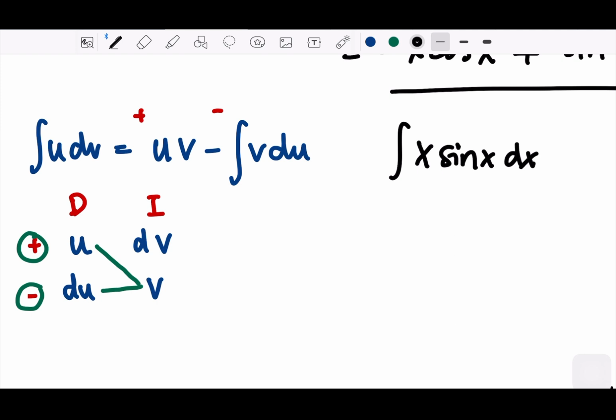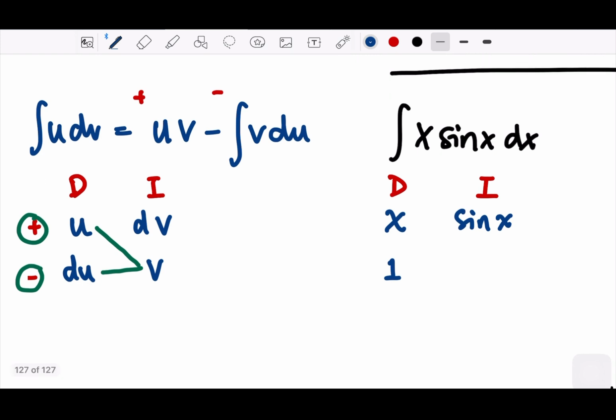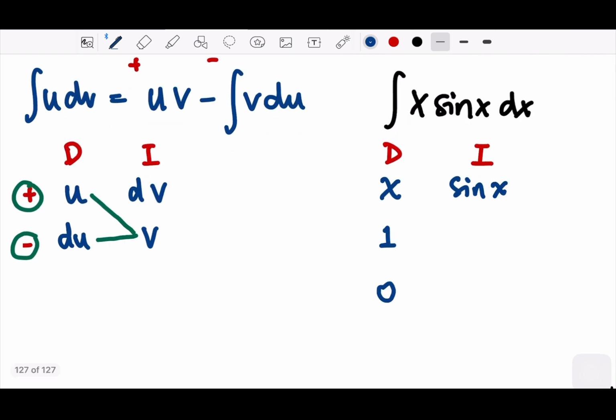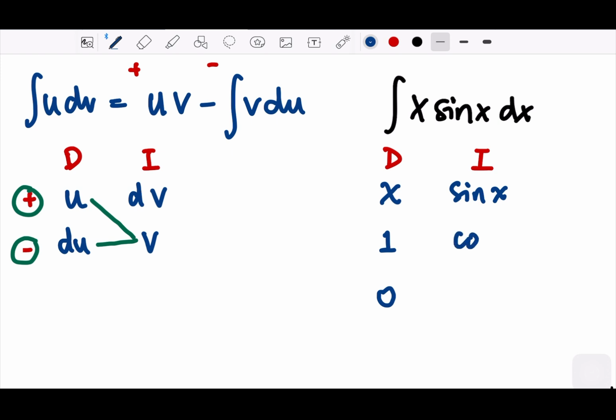Now the same thing with the integral of x sine x dx. We take x and sine x; one column is derivative, the other is integration. We derive x to become 1, derive again becomes 0. Sine x integrates to negative cosine x, and integrates again to negative sine x. Now we have plus, minus, plus.